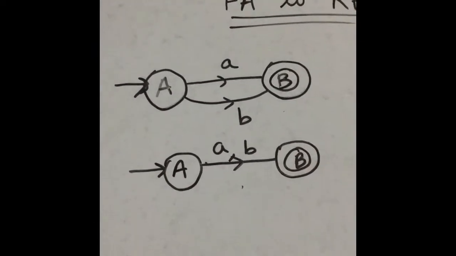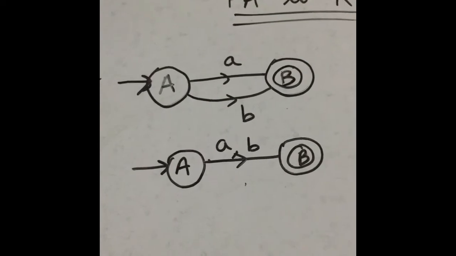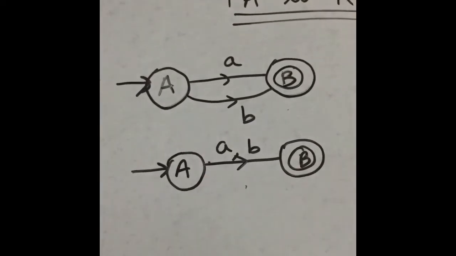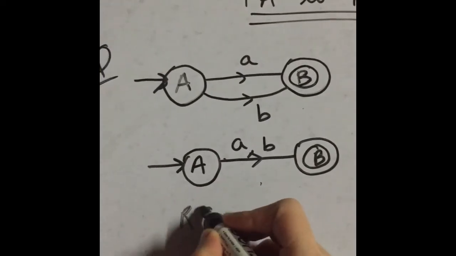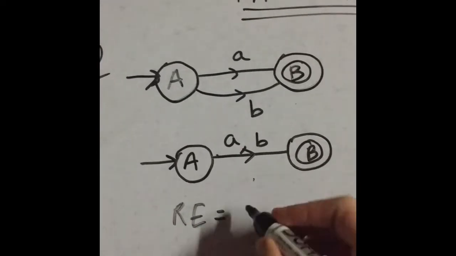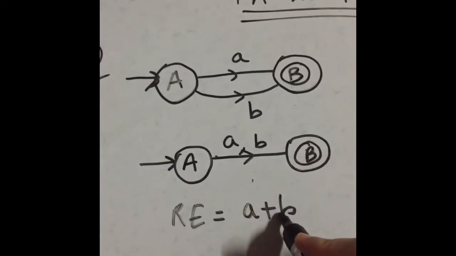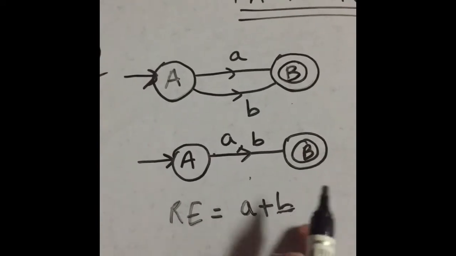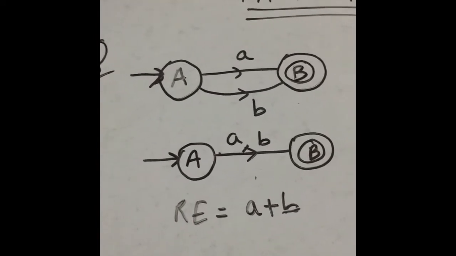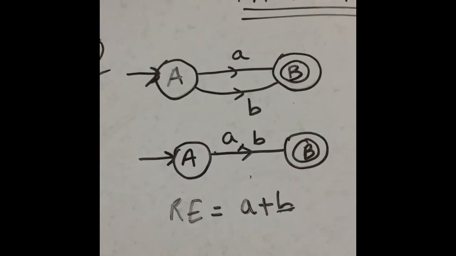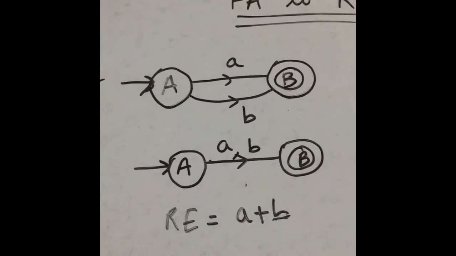Both these finite automatas are the same, right? Either A or B. So we can easily write a regular expression for this, A plus B. This is a very easy example.